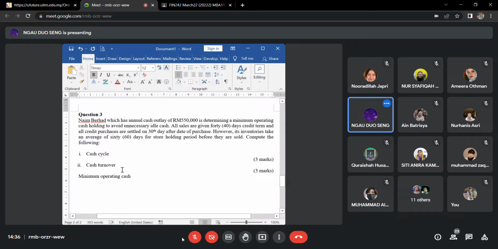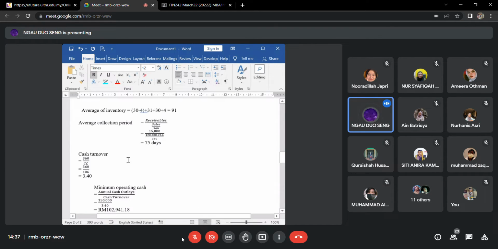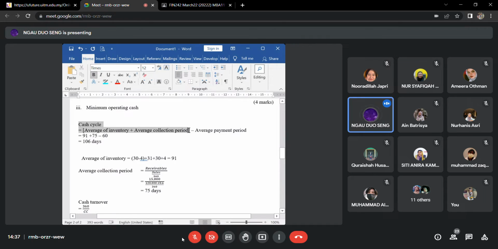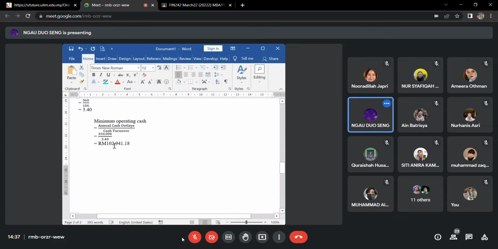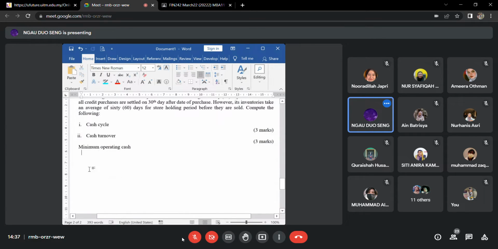So the steps are the same. We copy the formula: average of inventory plus average collection period minus average payment period.